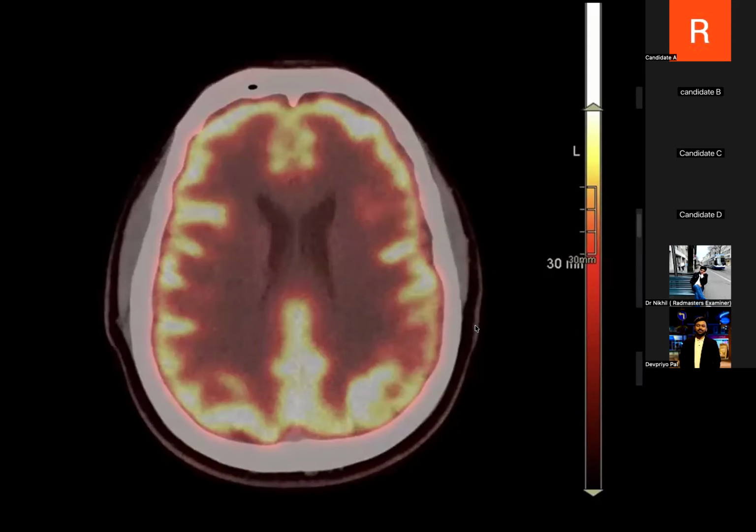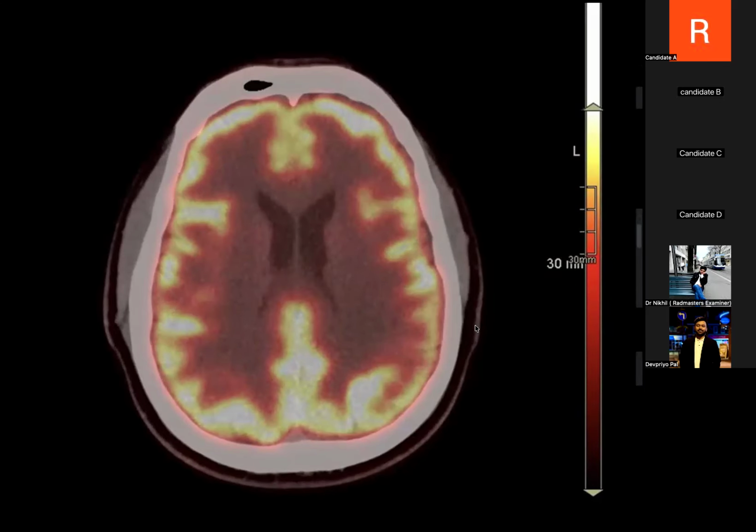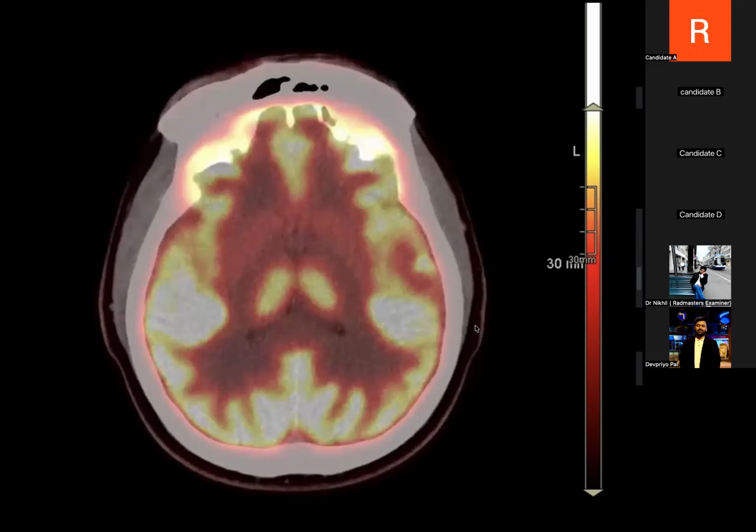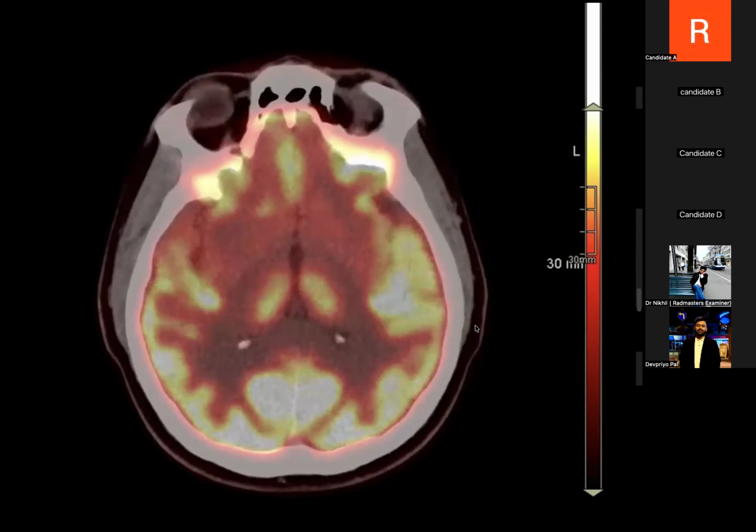Okay, I can see there is bilateral symmetrical uptake involving the cortical areas of the bilateral fronto-parieto-temporal region as well as occipital.